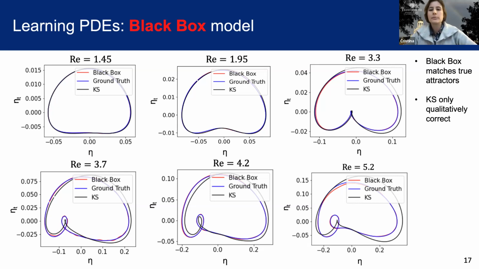For comparison purposes, the KS results are also shown, which are appropriately rescaled in order to compare them with the Navier-Stokes results. And we can see that in this case, the attractors are qualitatively accurate, but not quantitatively accurate, especially about the second bifurcation point that happens at about a Reynolds number of 3.5.